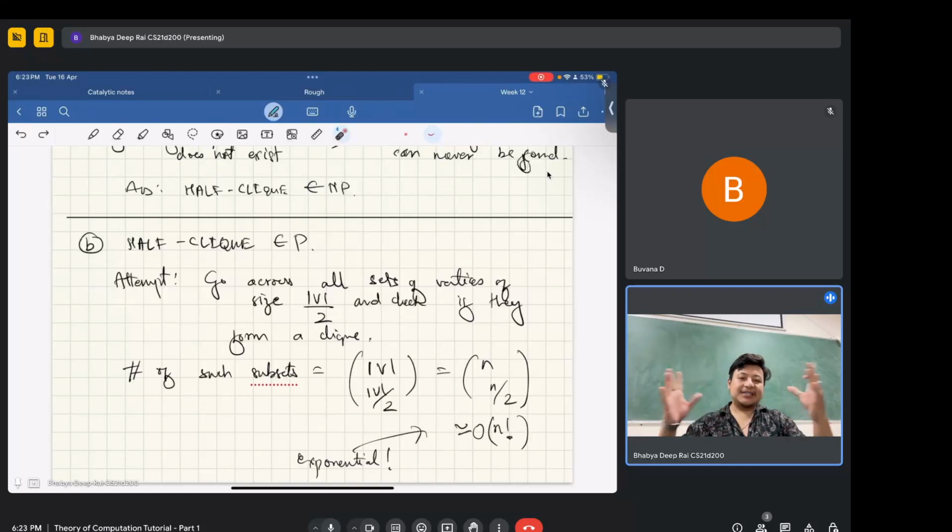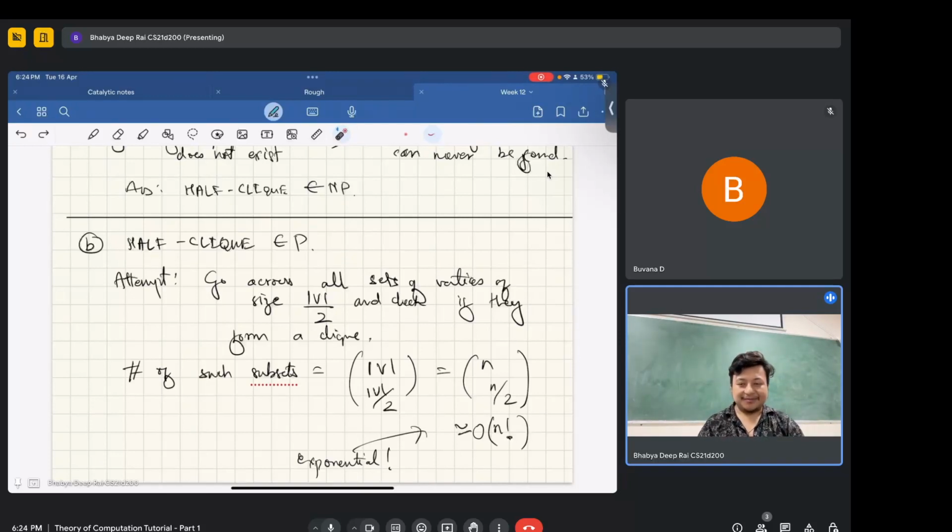Given a large graph, what I'll just do is go across all sets of vertices which are of size v by 2, because I want to check whether there's a clique of size v by 2. So I'll go across all such subsets, and if a clique exists, then I'll definitely find it, right? Because I'm going through all of these subsets.